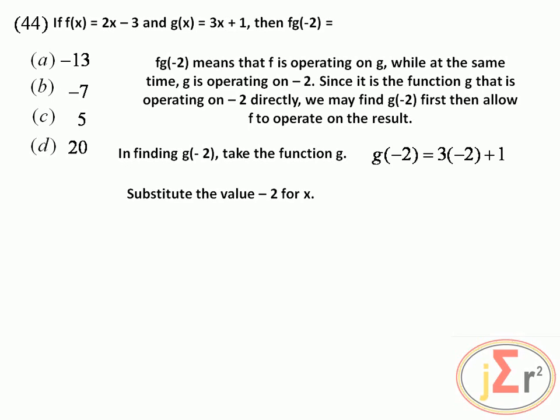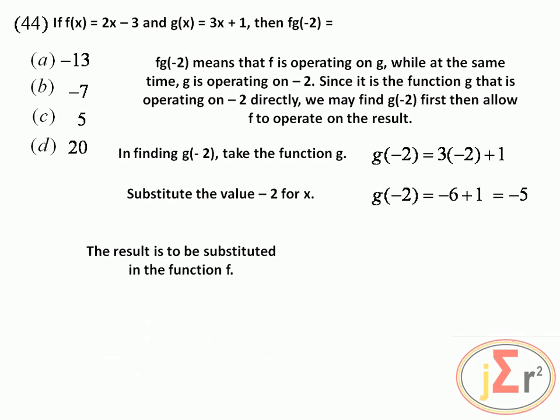Now 3 times negative 2 is negative 6, and we have plus 1 carried from the previous step. Negative 6 plus 1 is equal to negative 5.